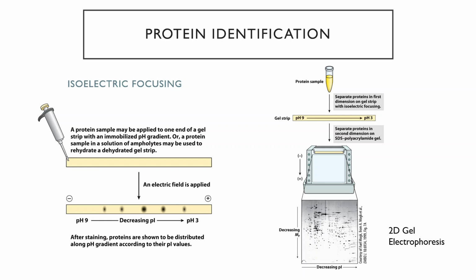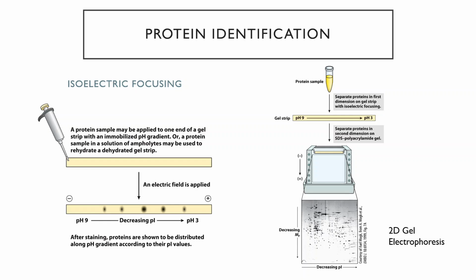Because there's no SDS here, the only thing that causes the protein to move is those inherent charges. As it gets to lower and lower pHs, protons get added to those proteins, which means they lose those negative charges until eventually they get to a point where their net charge is 0. That corresponds to the pI for that protein, and so the protein will stop.